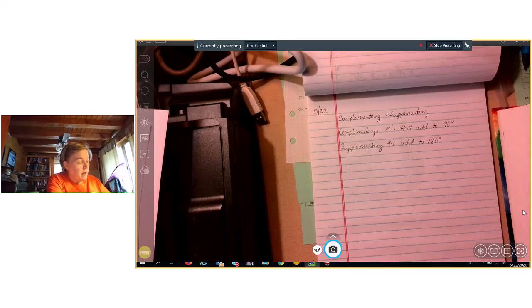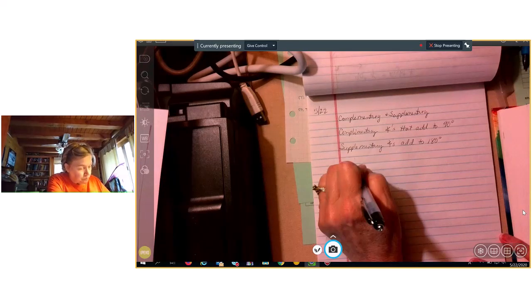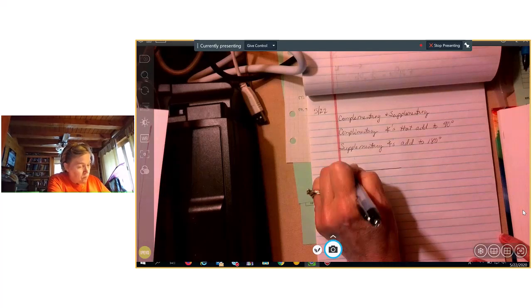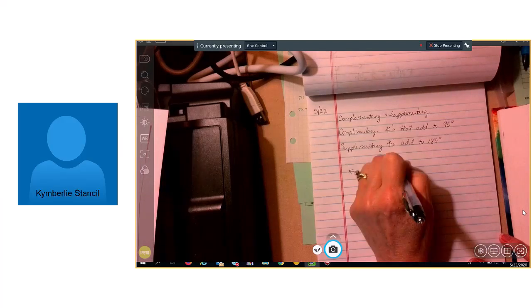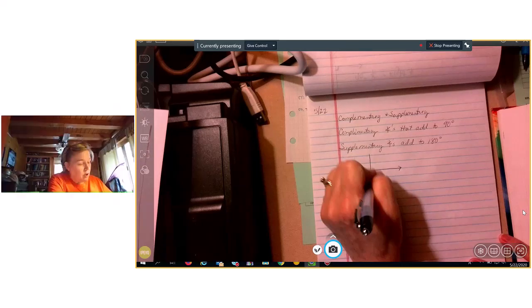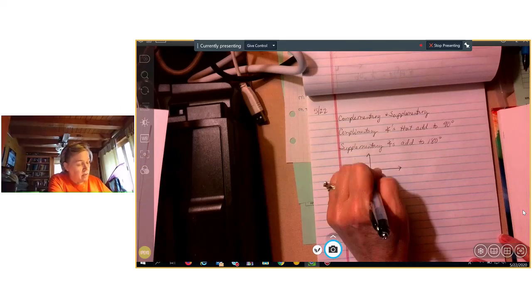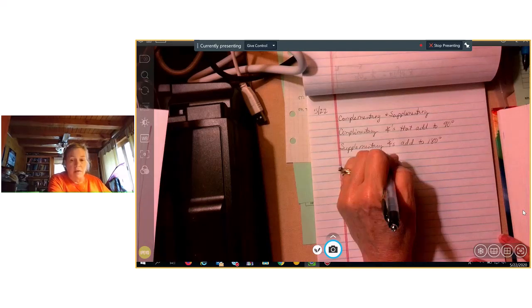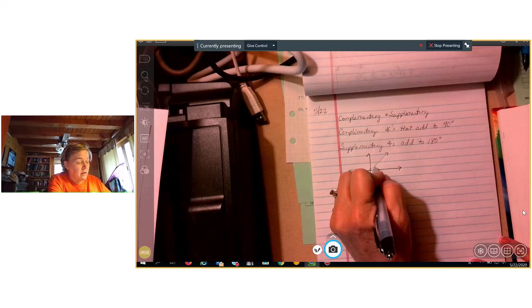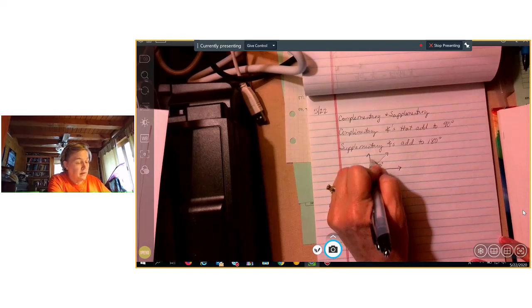So if I have a Cartesian grid here, and let's say that this is coming directly up the center. So this is a 45-degree angle, and this is a 45-degree angle.